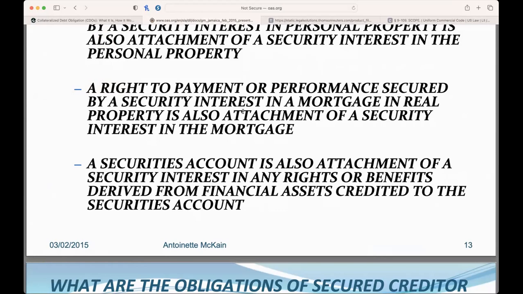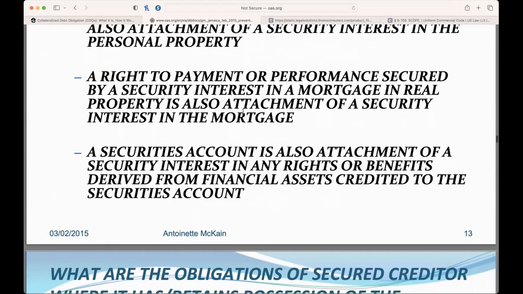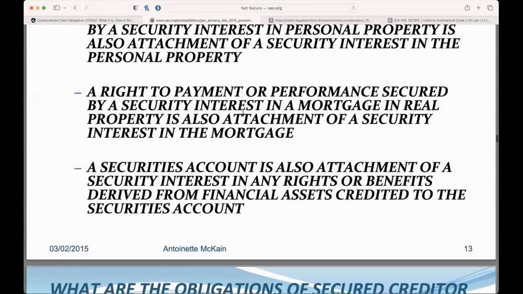If someone can remind me once I'm finished reading all of this, in case I forget, I'm going to pull up the UCC definition of that, and I'll share that with you. So, derived from financial assets, credited. That's the most important part.